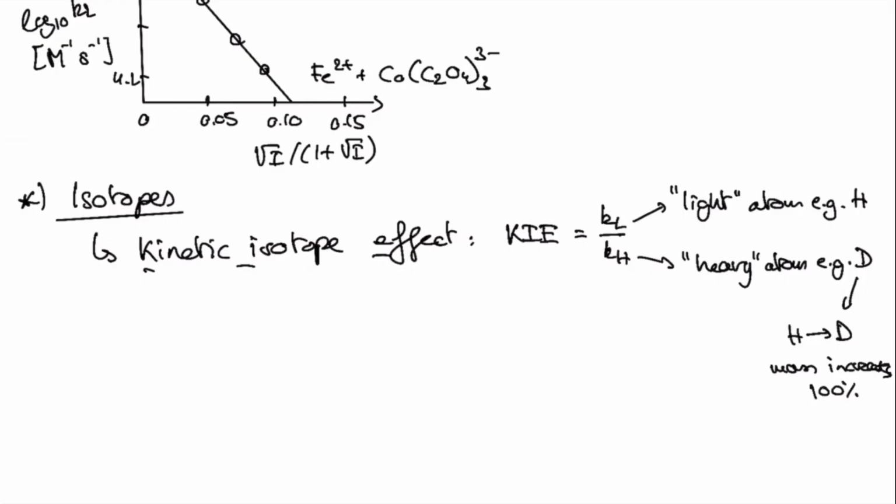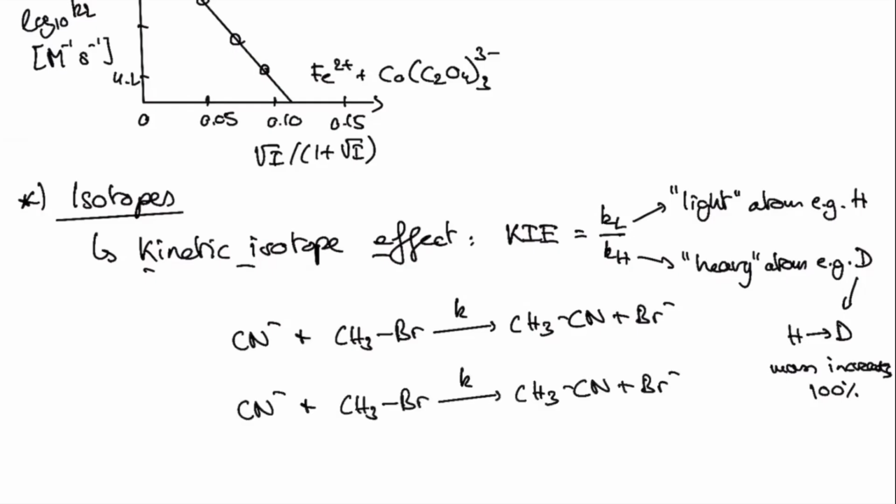But let's look at an example. So if I have this reaction, cyanide plus methyl bromide. So this is an SN2 reaction. And I'm going to copy this. Okay, and now I'm going to use some isotopes.